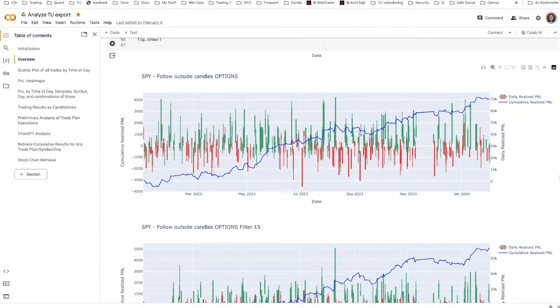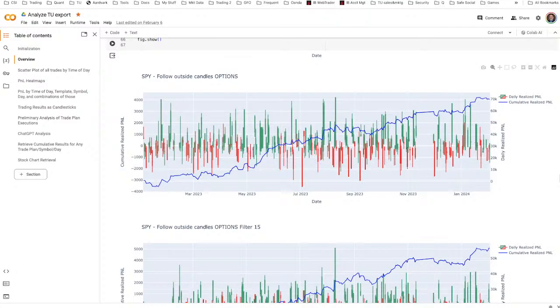One of the things I want to know when I'm analyzing these different trade plans is, can I actually live with it? If a trade plan makes huge losses like this, I'm not going to be able to tolerate it for many days. Who needs that kind of drawdown? And then the blue line is the cumulative gain.